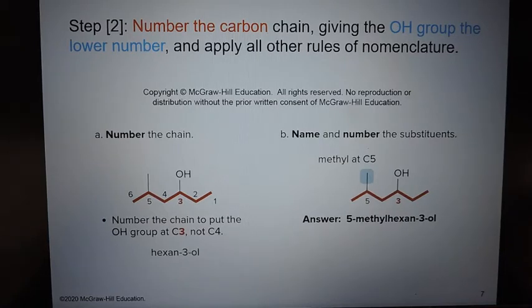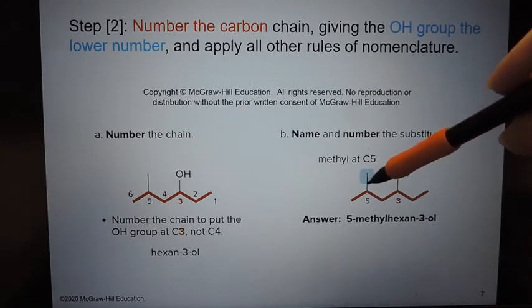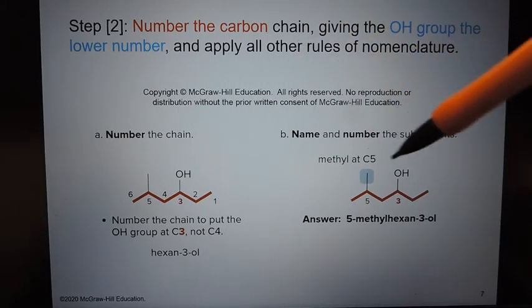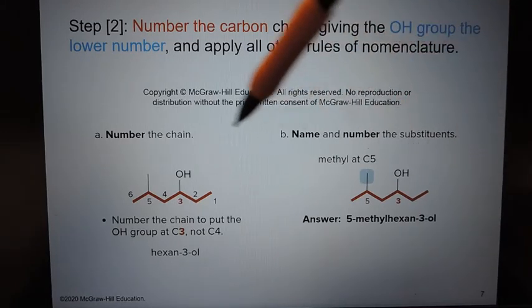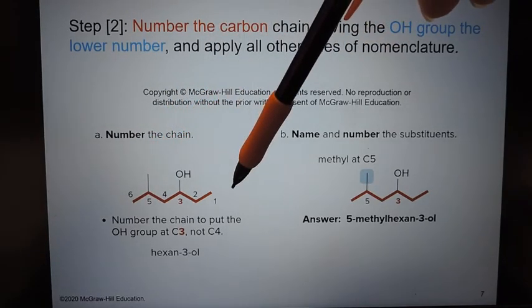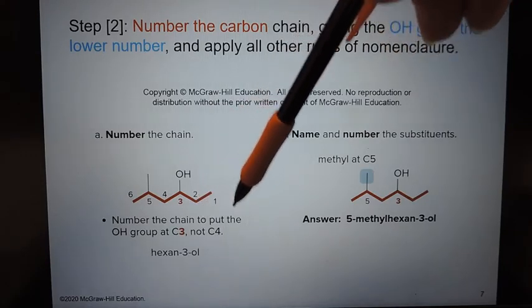We also have to keep in mind that if there is another group, such as an alkyl group in this case, or a methyl group attached, which carbon number it is attached to. In this case, it happens to be the number 5 carbon, or the 5th carbon. So with the numbering done, we know that the parent alkane, hexane, 6 carbon containing hexane, became hexanol.